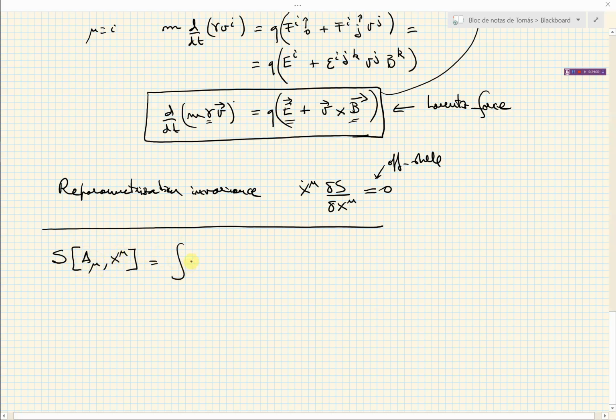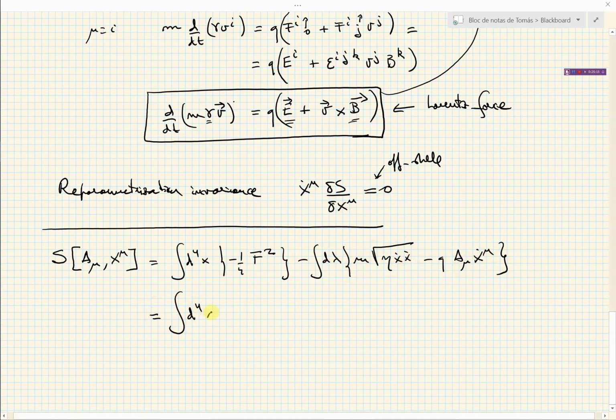It contains the Maxwell Lagrangian first, and then we just add to it the action of the massive charged particle that we have written before. So this is the mass term minus q A_mu x dot^mu. Now, there is an interesting way of writing this action which is helpful.